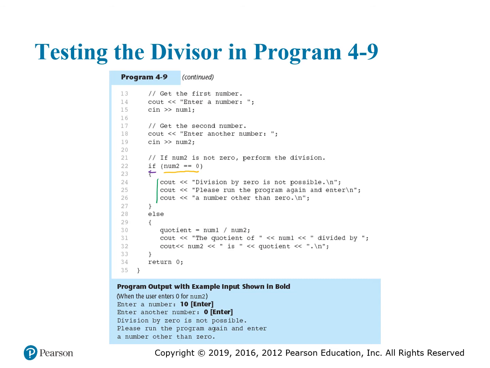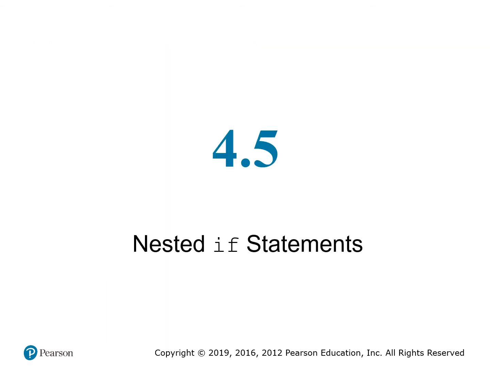Else, num2 isn't 0, so we can divide by num2, so we'll go ahead and do that operation and tell the user what the result is.